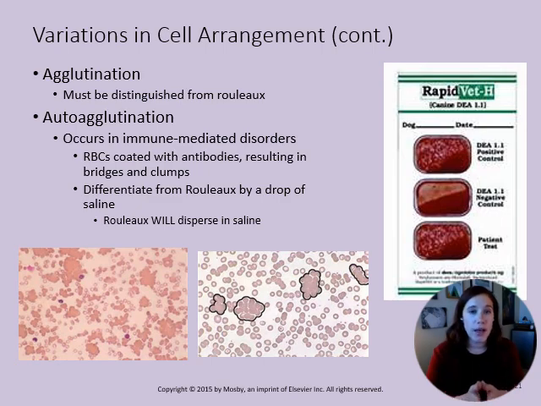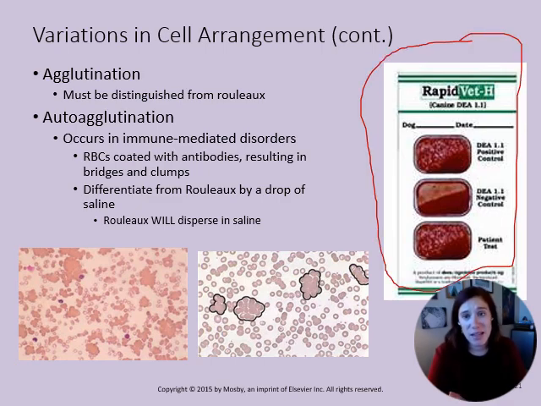What we'll do in class is take a drop of blood and a drop of saline, and look at it. Here is an example of the test that we could do. It's not that fancy.